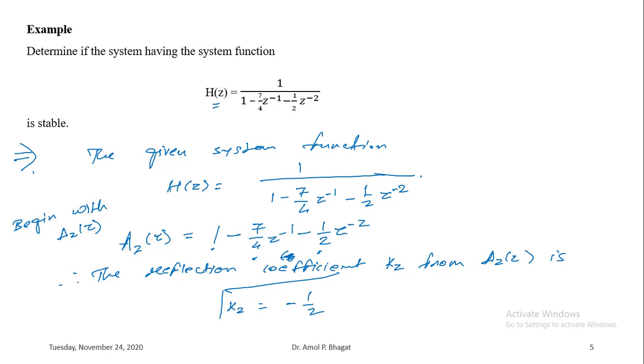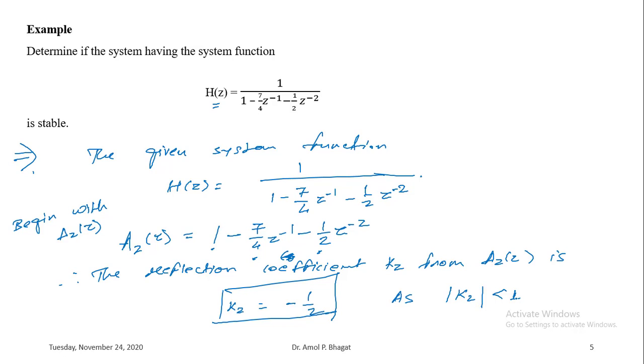So the first reflection coefficient is minus 1 by 2. So we'll verify whether this mod k2 is less than 1 or not. Taking the mod of minus 1 by 2, it will be simply 1 by 2, so it will be 0.5, and 0.5 is less than 1.